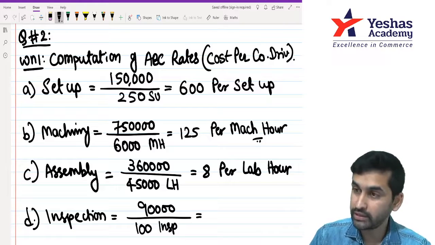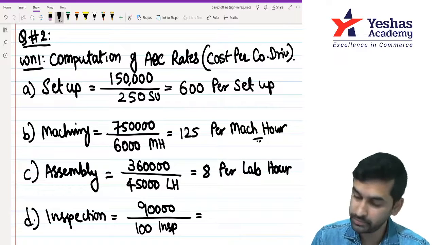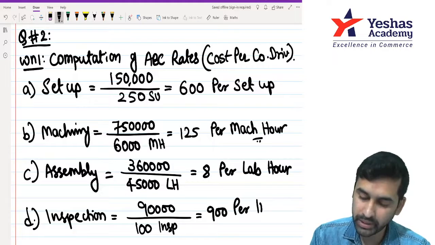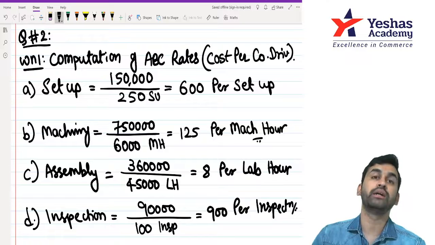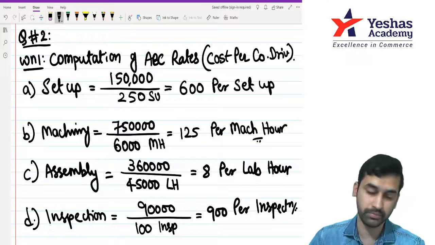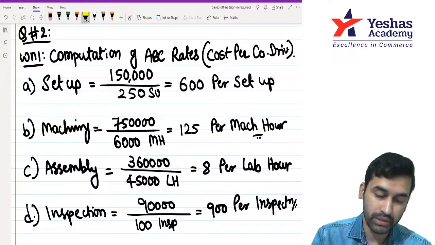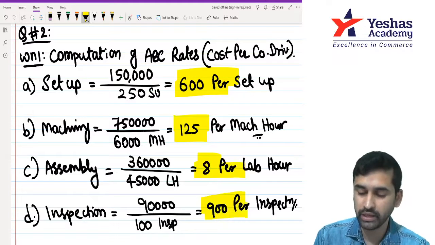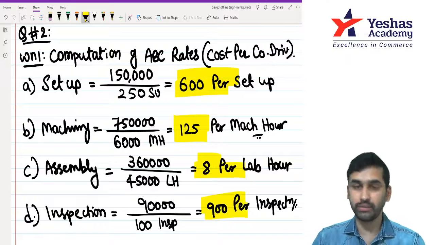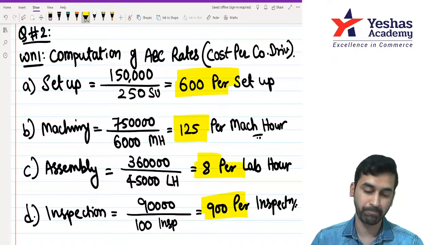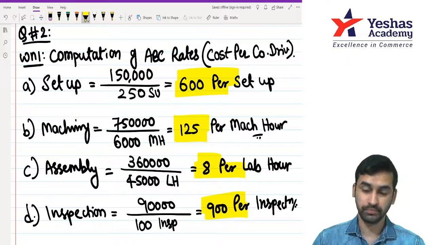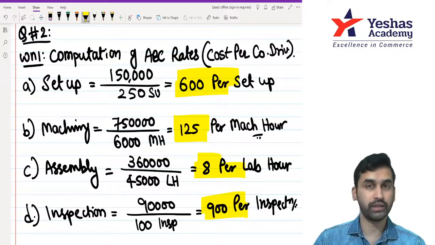So 90,000 by 100 will be 900 per inspection. So now these are the 4 important numbers: 600, 125, 8 and 900. Okay. Did you complete till this? Shall I continue?